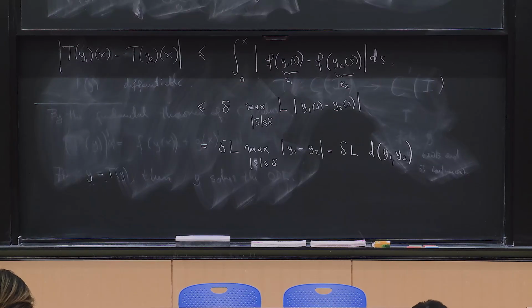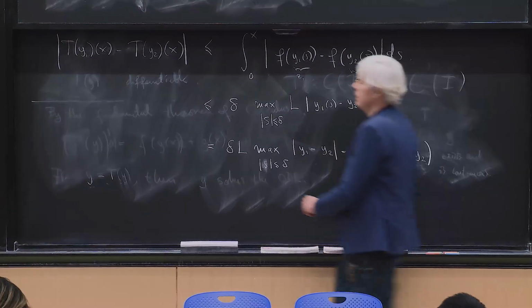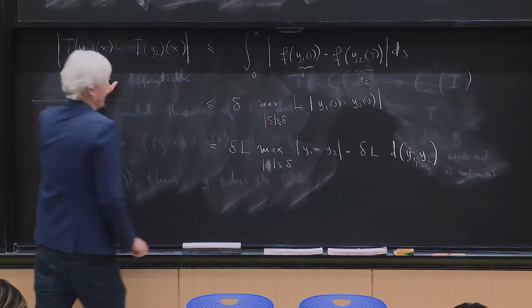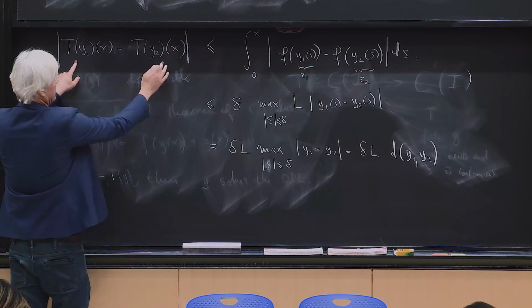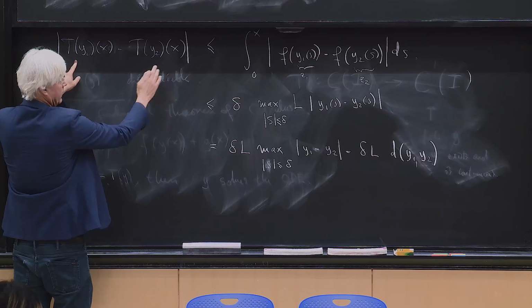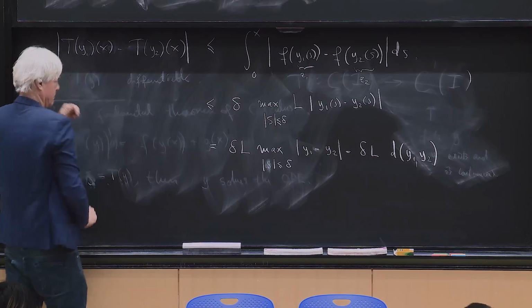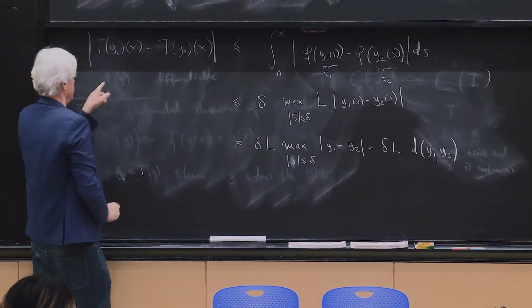And so you see that this right-hand side now holds for all x. So this means that we have the maximum of this thing over x, where x is in the interval between 0 and delta.